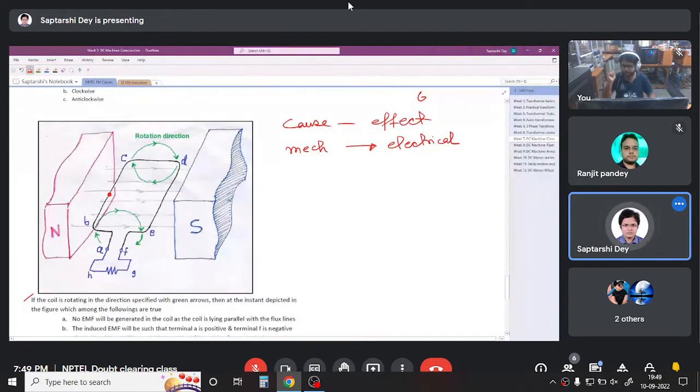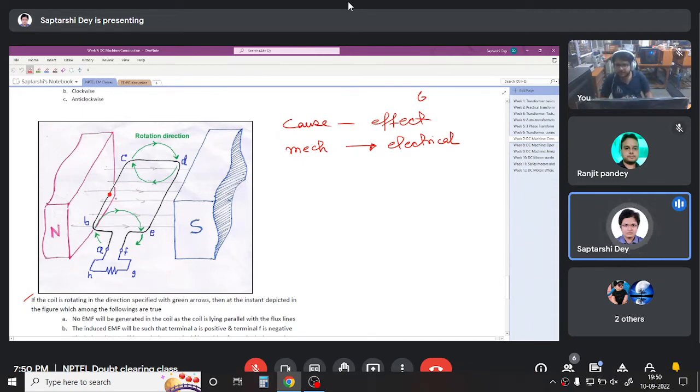Obviously they don't stand still, but their random motions are so random that on an average the net velocity is 0. So we can assume that one positively charged particle is sitting here peacefully. Now what we have done is, from outside we have started rotating this coil.